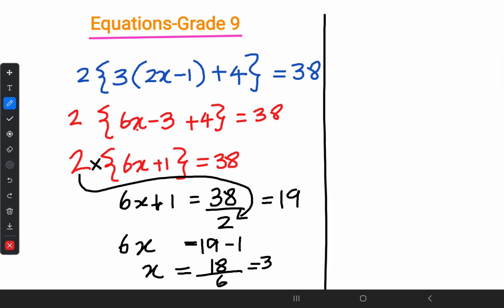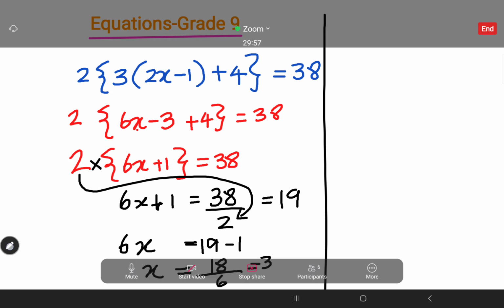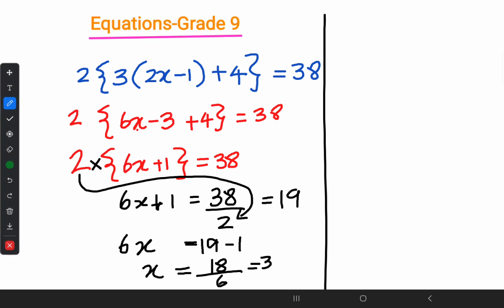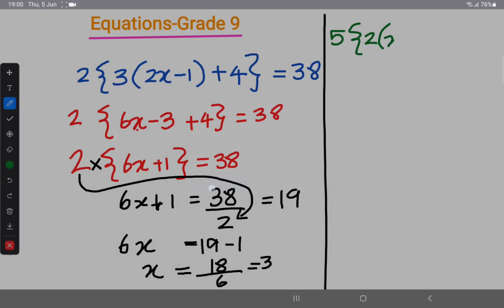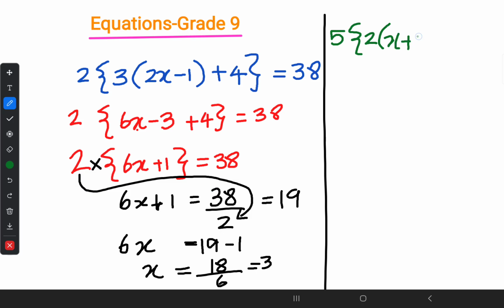Let's have another example as well. Here let's use this one: 5 times {2 times (x plus 3) minus 1} equals 45.